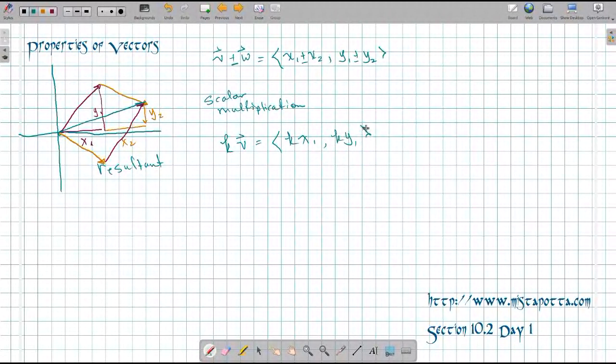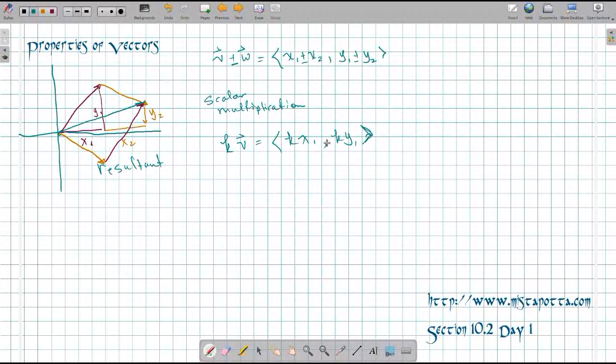This allows me to make a vector longer by changing its magnitude. But notice that the ratio of these terms is exactly the same, so I'm not changing the direction. All I'm doing is making this vector longer or shorter, with a larger or smaller magnitude.